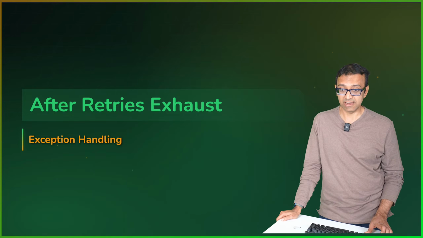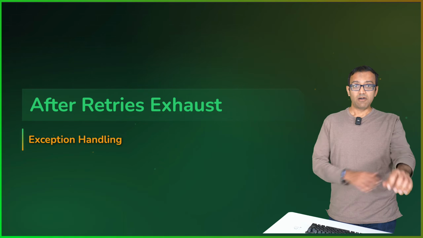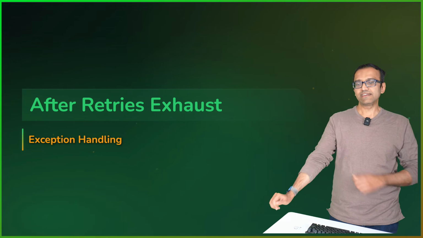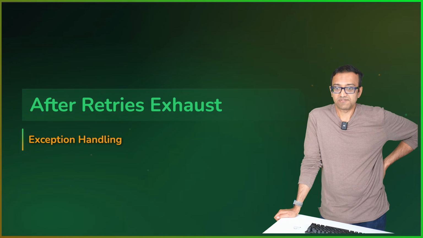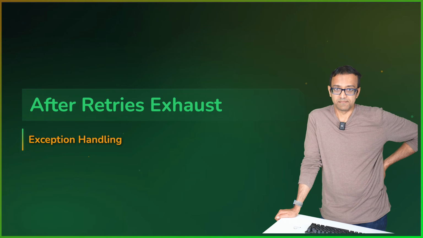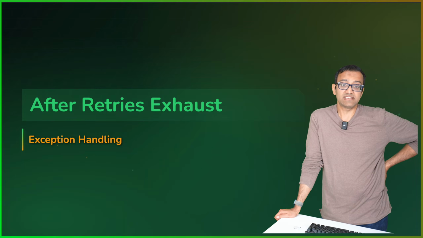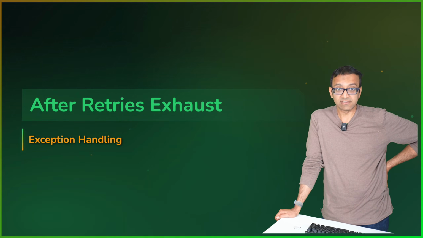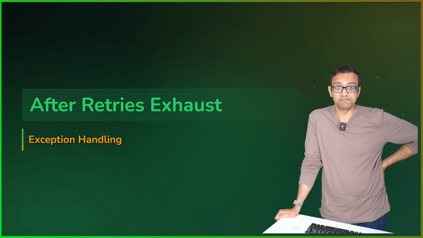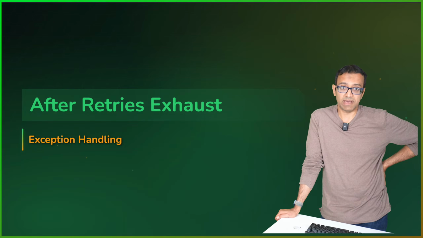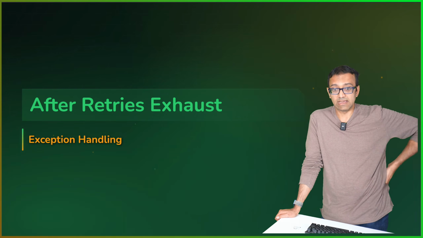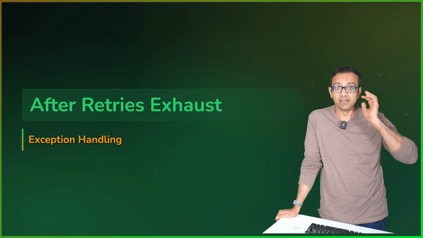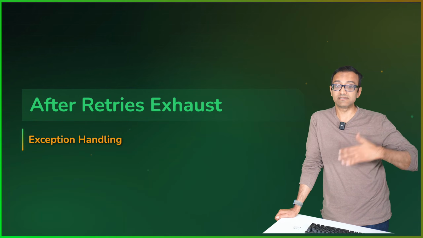It's a little off here and there, but more or less it goes with the same retry delay, an exponential delay. Now, when all the retries are exhausted, that's when we do exception handling. Retries are just that, retries. They don't guarantee success. After exhausting all the retries, if you still have a failure, Spring throws the exception back to the caller. That exception propagates up the service layer to your controller layer, or maybe it goes back to the user.